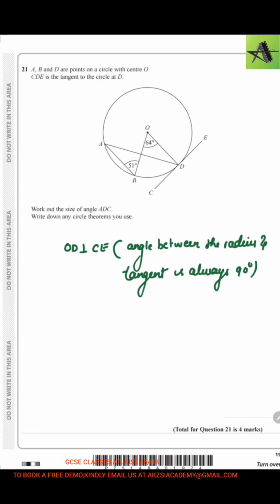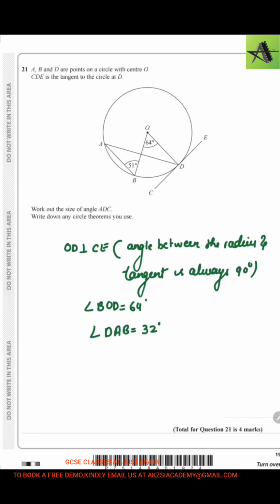So now if I am able to calculate this angle, the remaining angle is easier to calculate, that is 90 minus whatever the value is. So we have to calculate this angle. For that, obviously we first have to focus on this one. If angle BOD is 64, clearly angle DAB is half of it, which is 32 degrees.